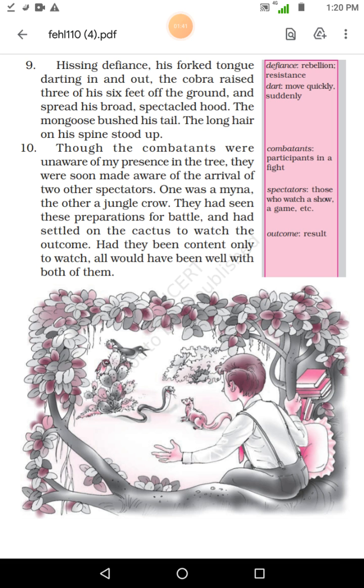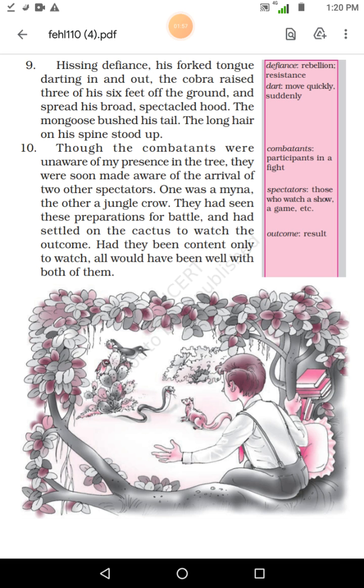Okay, what is that view? A very clear view. A grandstand view is nothing but a clear view of the things that are happening before you. What is happening?